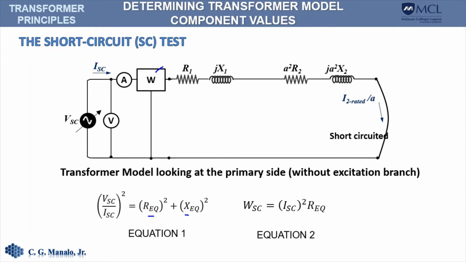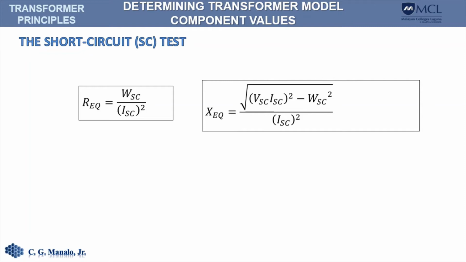So this reading must be equal to the power consumed by Req. Take note that Req is the combination of R1 plus a squared R2. So using these two equations, we can solve for Req and Xeq as shown here.